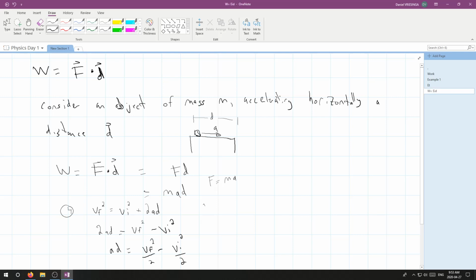I just brought the 2 underneath both terms. And so therefore, my work formula MAD is now equal to M, but now the AD I'm going to replace with VF squared over 2 minus VI squared over 2. Okay?